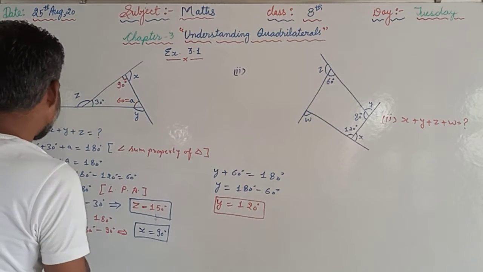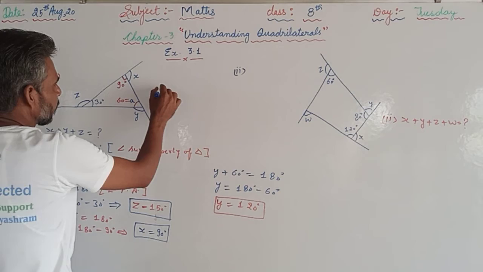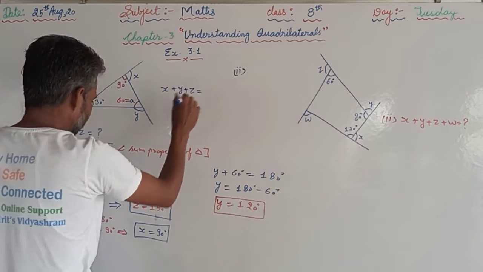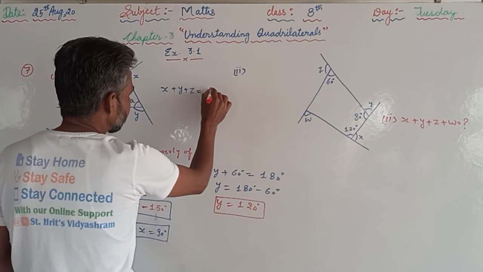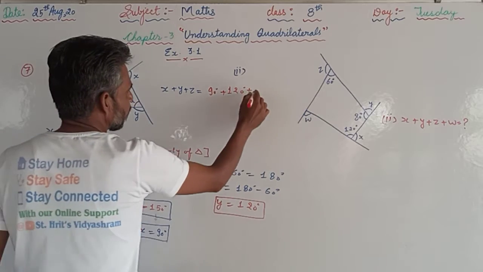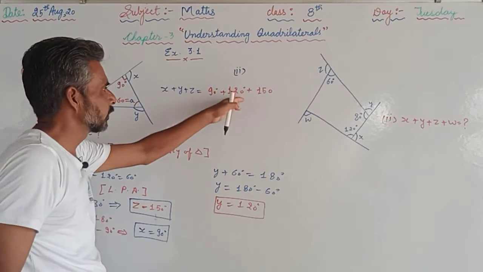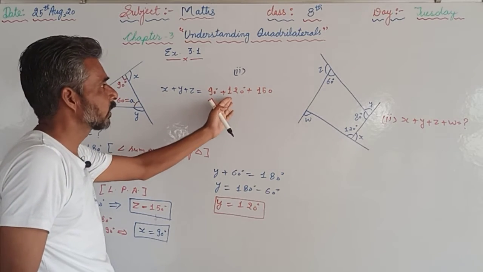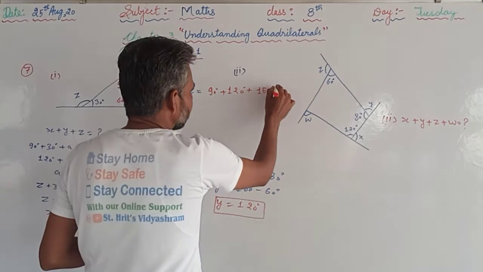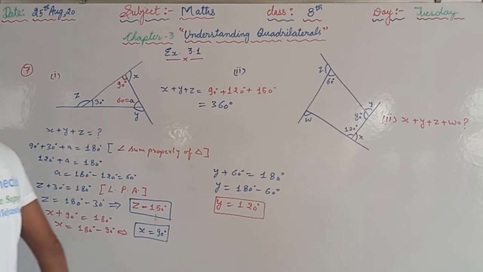Now we got the values of X, Y and Z. So we can write X plus Y plus Z will be X is 90 degree plus Y is 120 degree plus Z is 150 degree. So 90 plus 120, that will be 210. 210 plus 150, that will be 360 degree. So the sum is 360 degree. So from here we come to know that the sum of the exterior angles of a triangle is 360 degree.